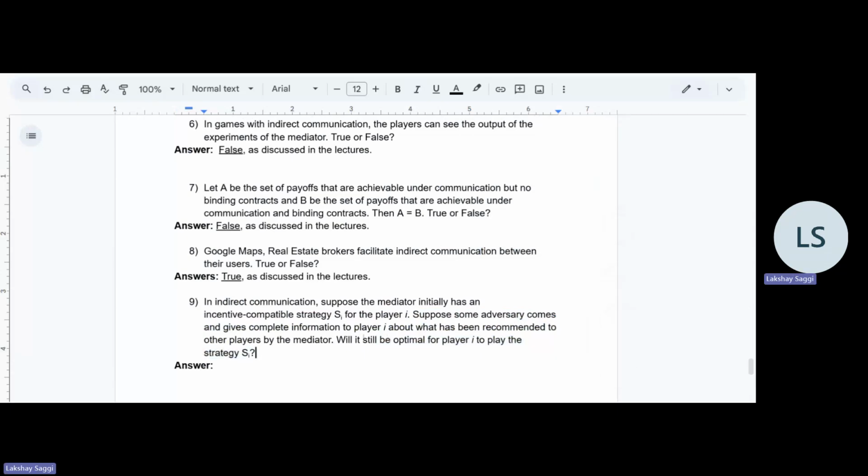Here what we are saying is, even if player I comes to know about the strategies which have been recommended to other players by the mediator, will it still be optimal for player I to play this strategy SI itself? Or maybe will player I deviate from the strategy SI?